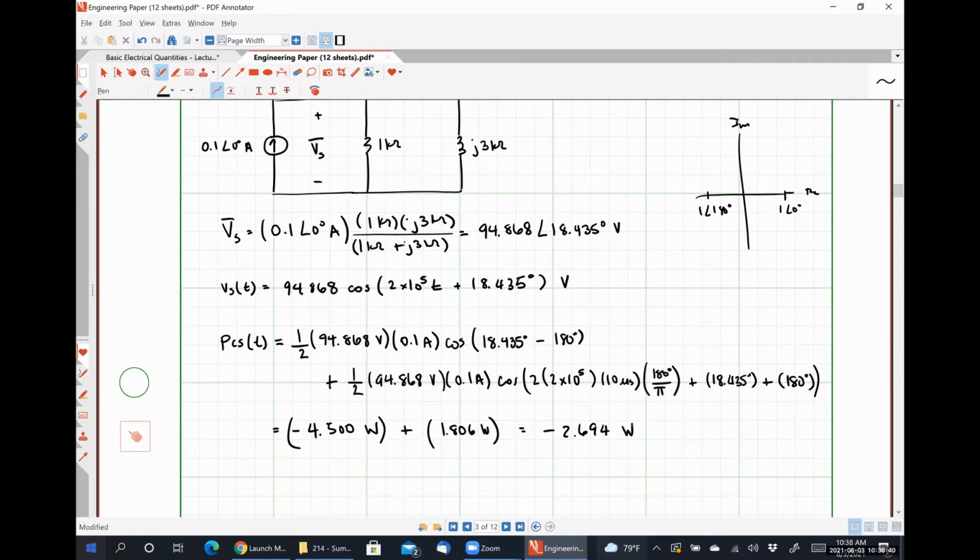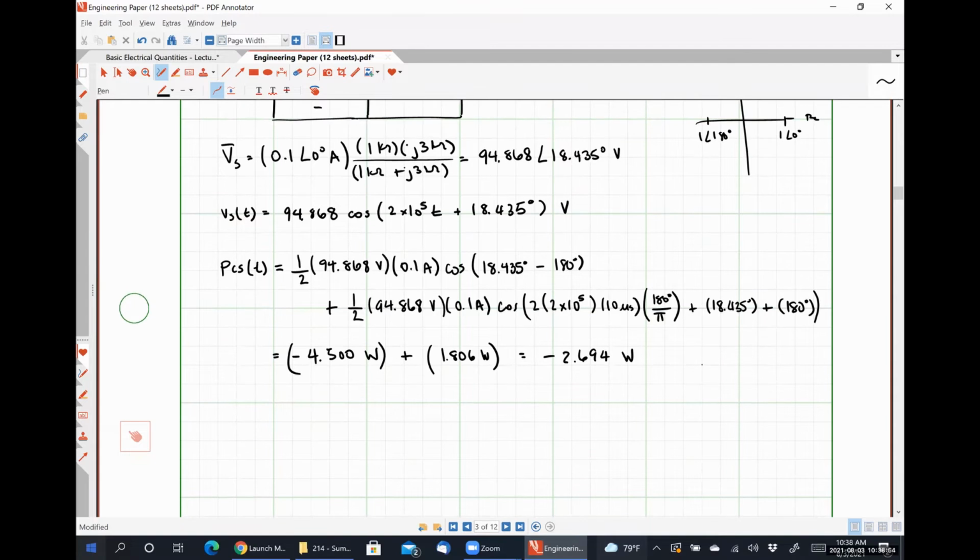So which component do you want to find the absorbed power, instantaneous power of next? Probably the resistor. All right, so for the resistor, we know the voltage drop across the resistor, so we don't actually need to bother with figuring out the current at all, right?